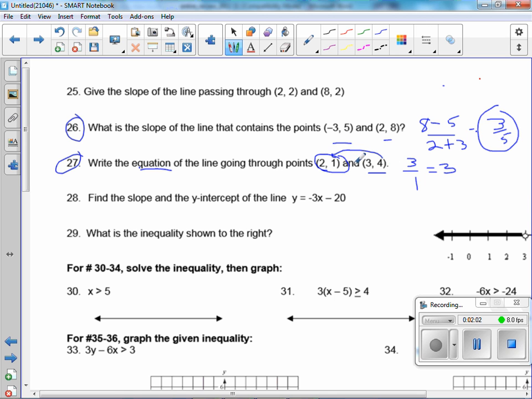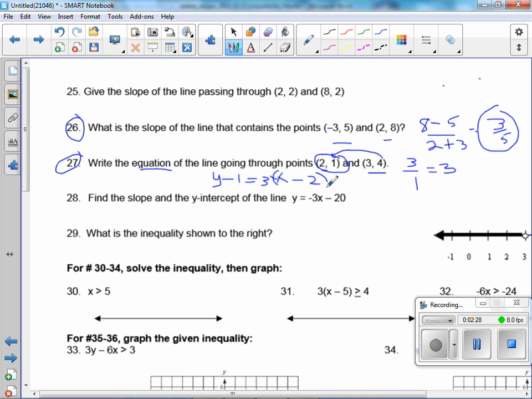I'll use this one and plug in the point slope formula, which is y minus y1. The y1 is 1. Here's the y, equals m, which is the slope, which is 3, times x minus x, which is 2.